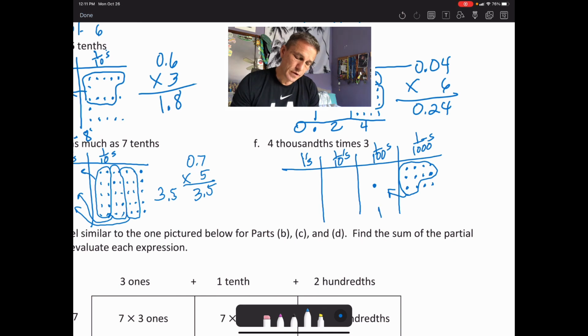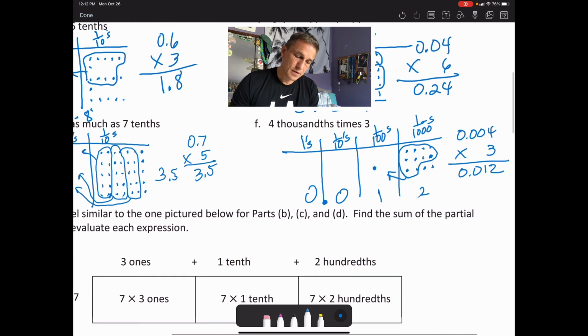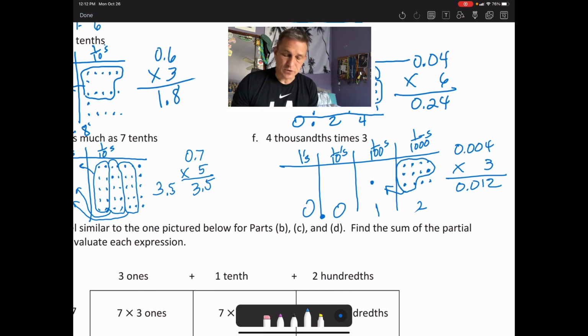So I've got a 1 in the hundredths place, 2 in the thousandths place, no tenths, no ones. So I have a product of 12 thousandths. So that's going to be 4 thousandths times 3 equals 12 thousandths. And that's what the first section is.